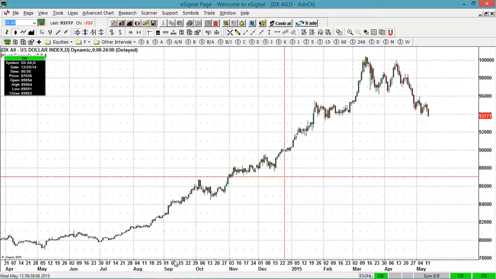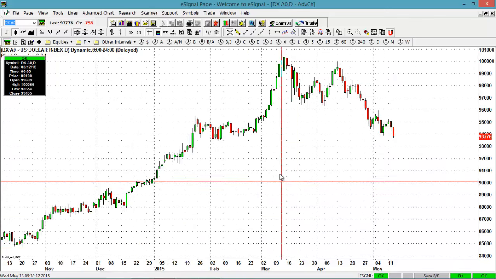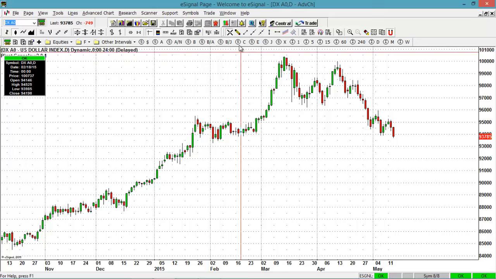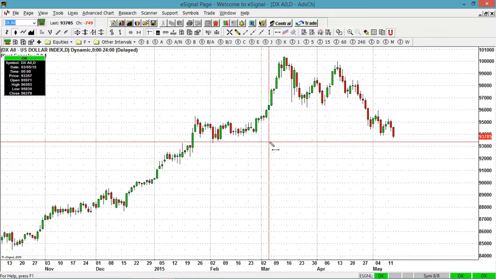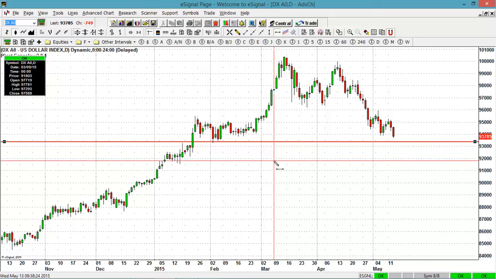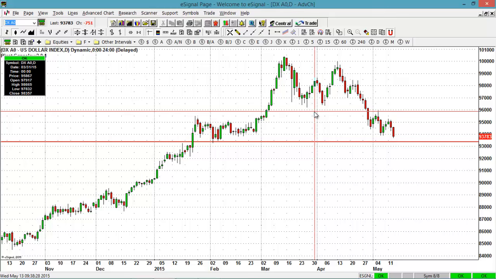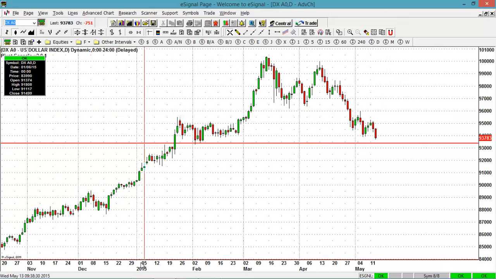Now, the dollar on the day is down, as you can see by this US dollar cash index. The market is coming up to that area of support I was speaking about, and it will be interesting to see if the market is able to trade below this area of support, or will the market continue to fall.